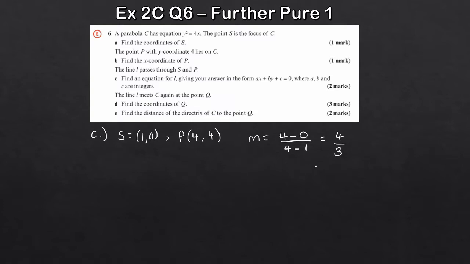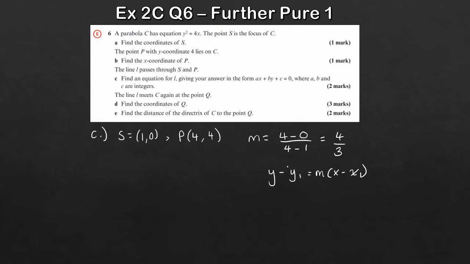Now we've got the gradient, all we need to do is use one of the points, and using the formula for the equation of a line, y minus y1 is equal to m lots of x minus x1, with one of the points, we get our line. Once we've got that line in this form, we just need to manipulate it to get it into the form that they asked for.